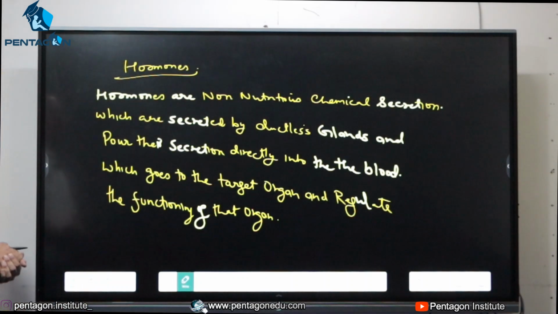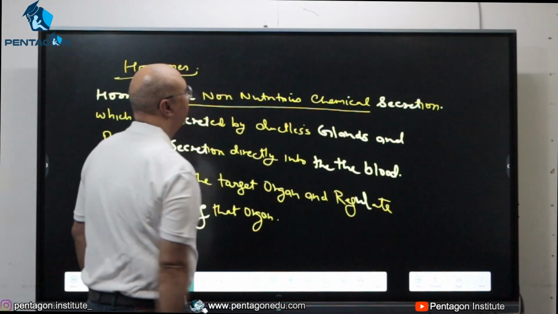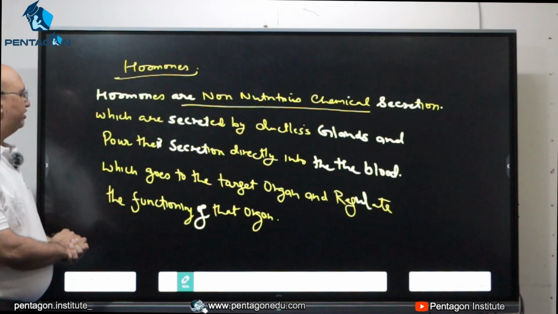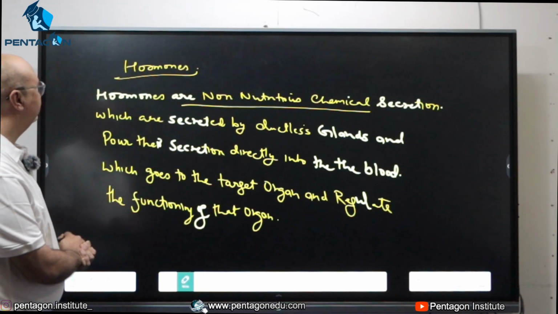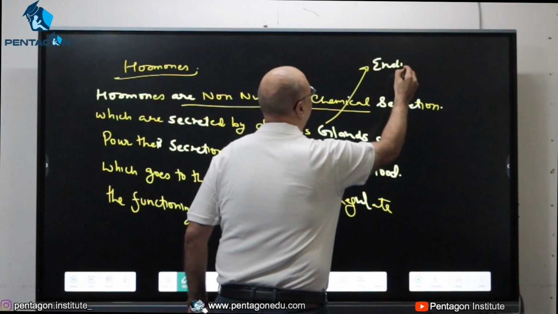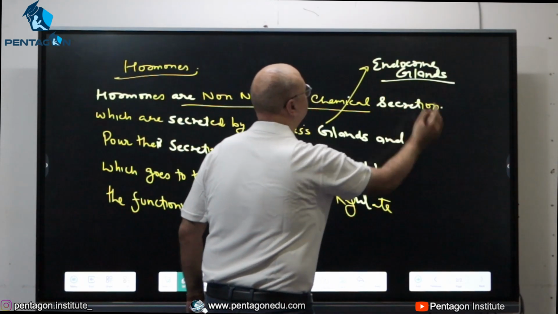These are the non-nutritious chemical substances which are secreted by the ductless glands, which are known as endocrine glands. So ductless glands are endocrine glands.